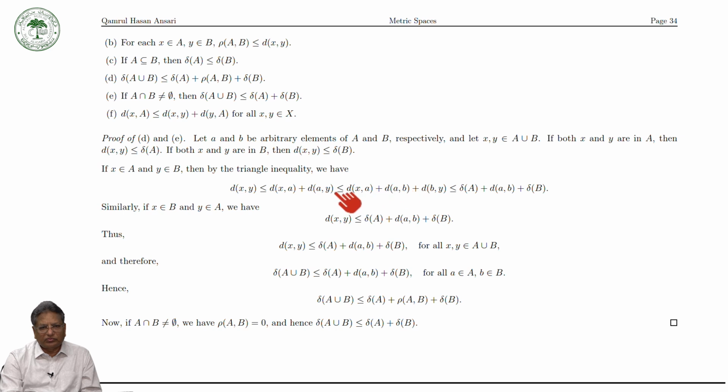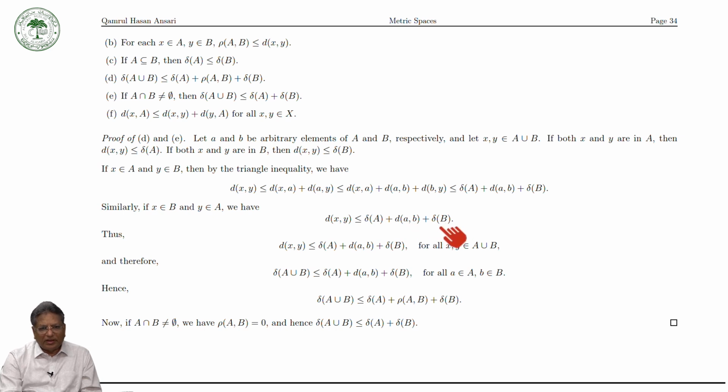This is less than or equal to the diameter of A, this is less than or equal to the diameter of B, so this is less than or equal to this one. Similarly, if x is in B and y is in A, we have d(x,y) is less than or equal to diameter of A plus d(A,B) plus diameter of B.